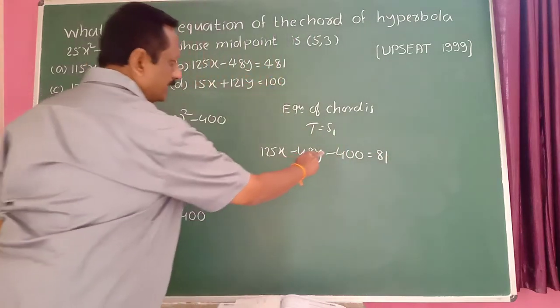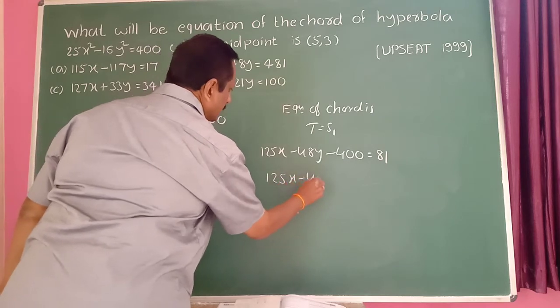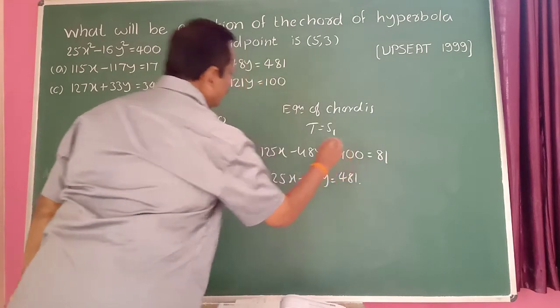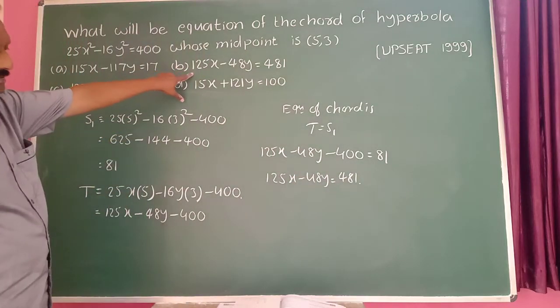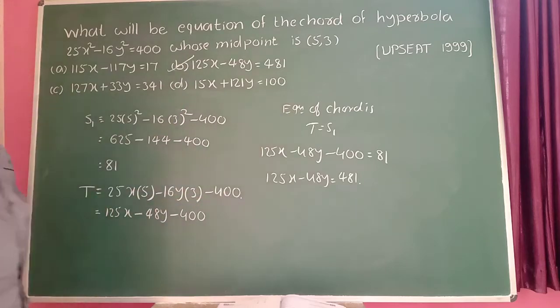Take 400 to the right-hand side: 125x minus 48y is equal to 481. So 125x minus 48y minus 481 equals 0. B is the correct option.